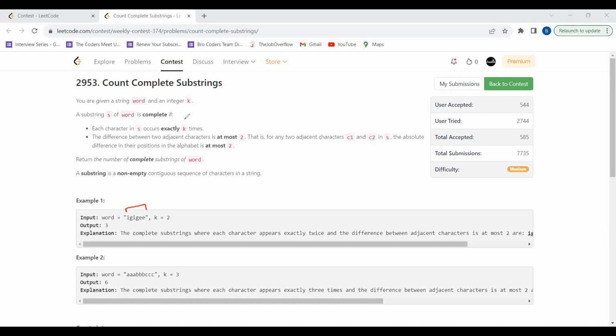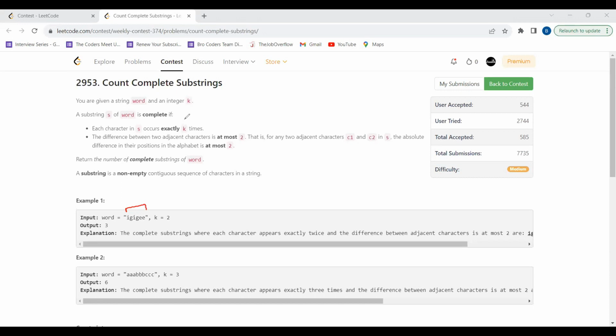And the difference between two adjacent characters is at most 2. That is, for any two adjacent characters C1 and C2 in S, the absolute difference in their position in the alphabet is at most 2. Or you can take it in another sense as the difference between their ASCII values should not be greater than 2.